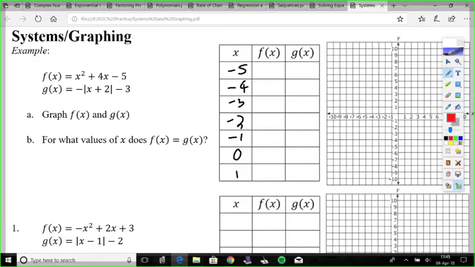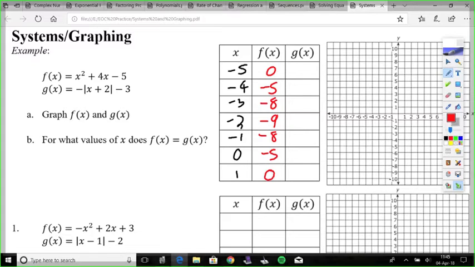For the f of x column it was 0, negative 5, negative 4, negative 5, negative 3, negative 8, negative 2, negative 9, negative 1, negative 8, 0, negative 5, and 1, 0.